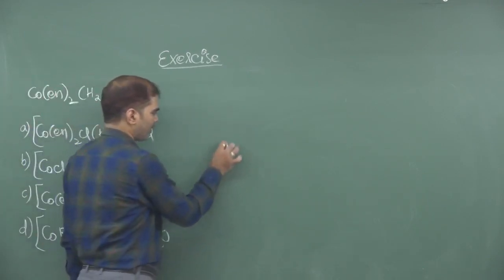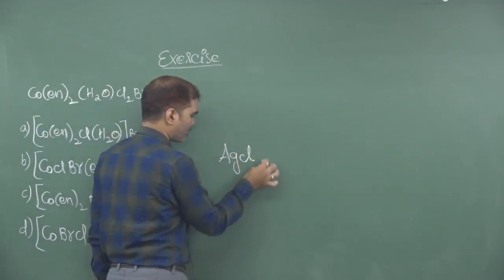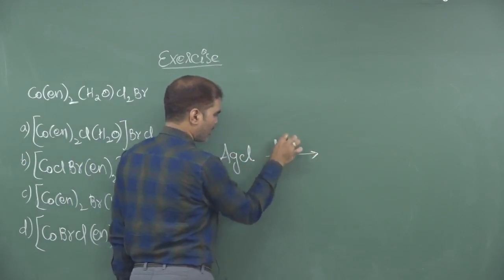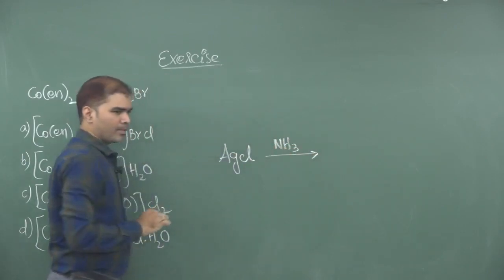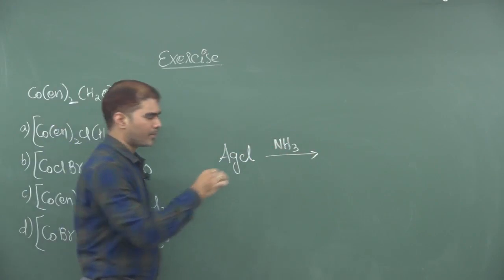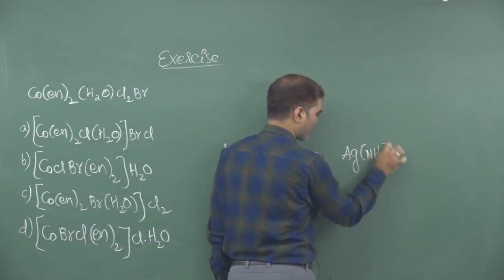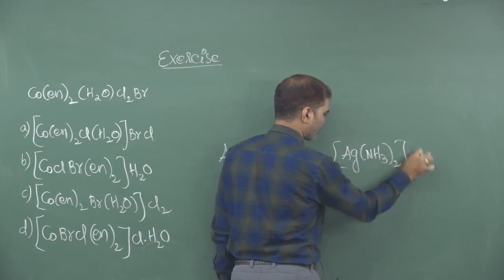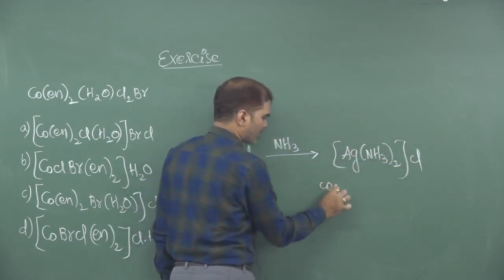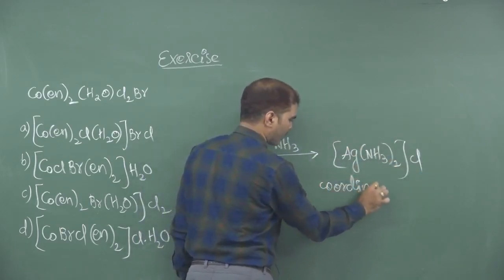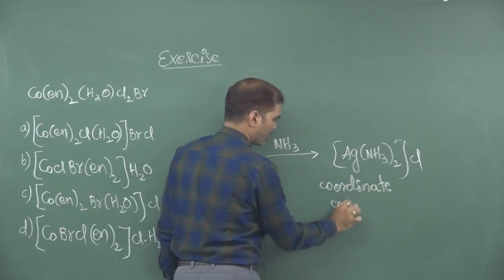Second thing, whatever precipitate is formed, it is dissolving in ammonia. So what is the meaning of it? It will form a coordinate complex. Excess of ammonia will form a coordinate complex.